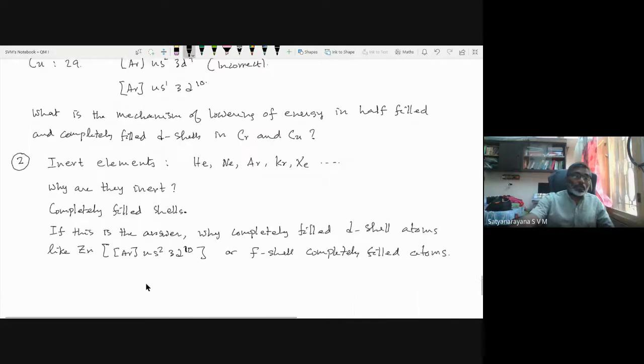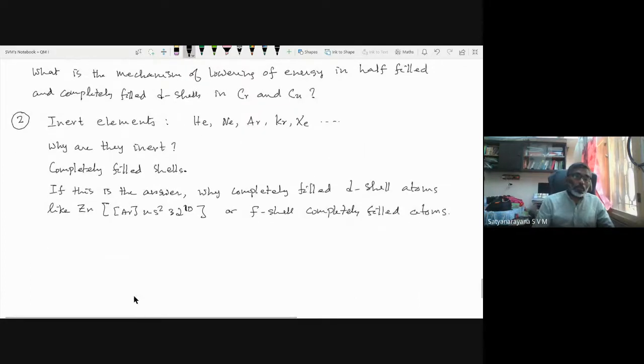So the question is, why are only completely filled P shell atoms inert? This is the question that we are asking, and this also requires some thought.